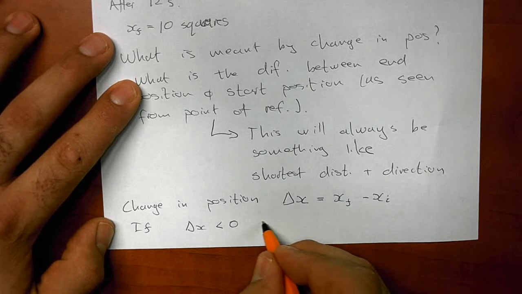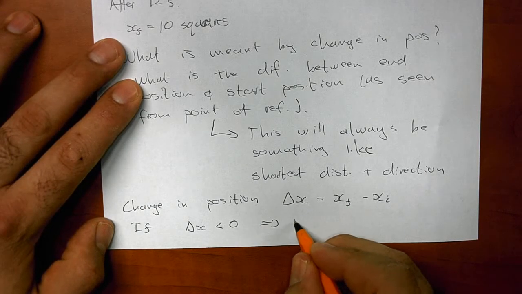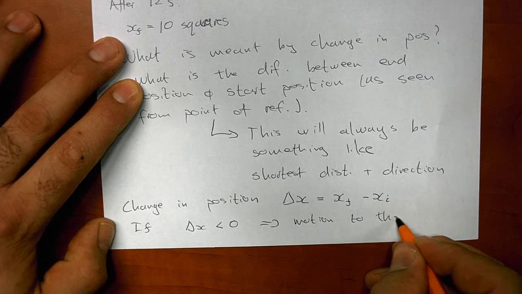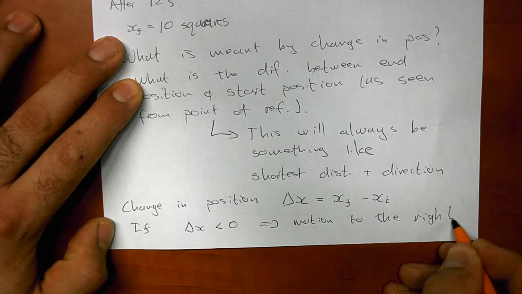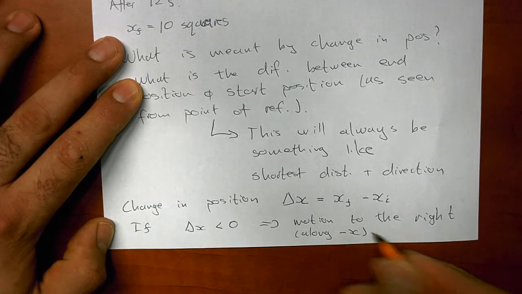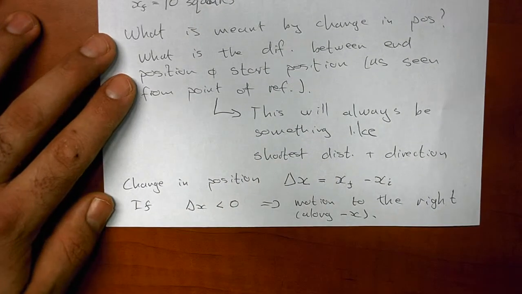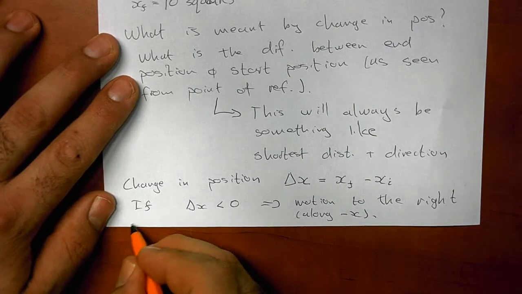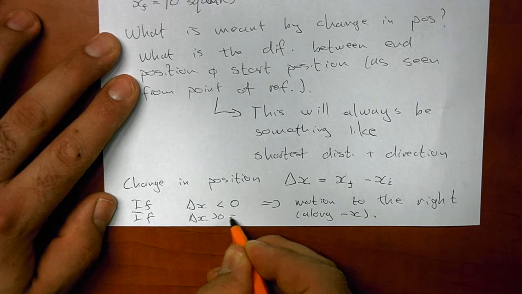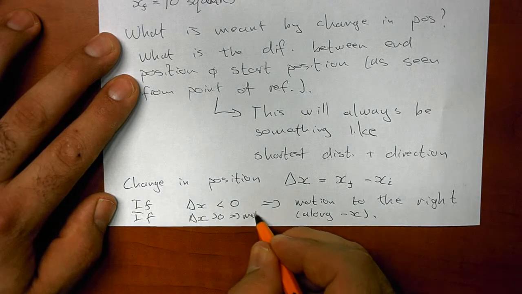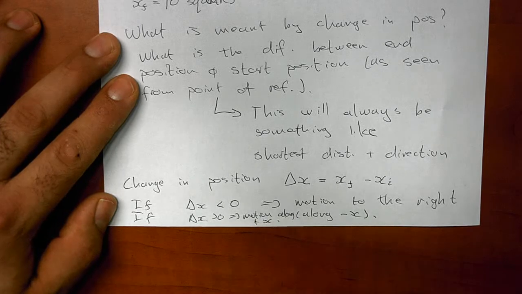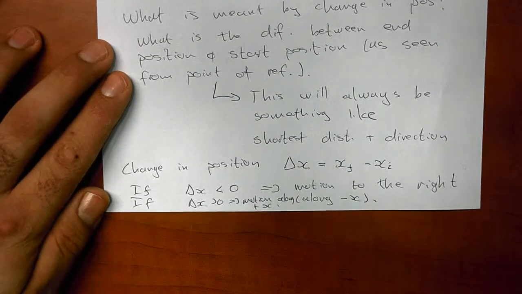Or alternatively, we had motion to the right or along negative x. And then the reverse is true. If delta x is greater than 0, we had motion along positive x, or to the left.